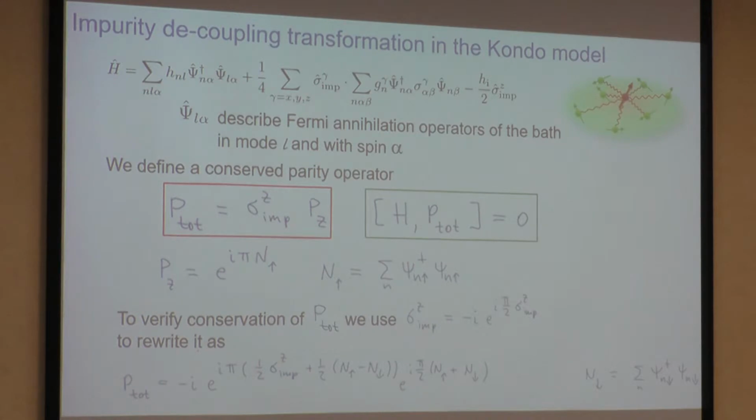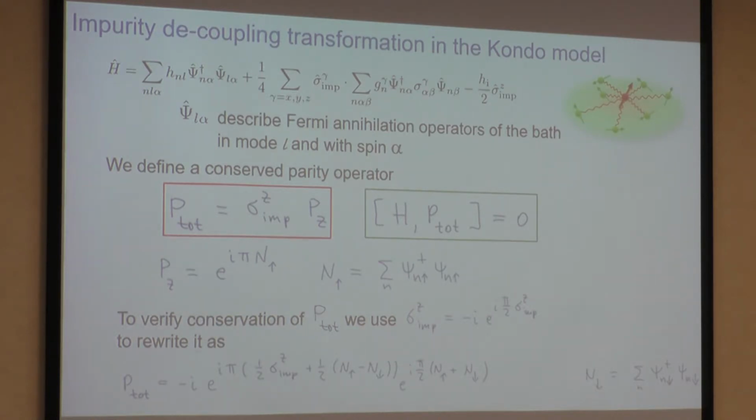If I act on a state that has an odd number of spin-up fermions, I get -1. So this operator is actually conserved, it commutes with the Hamiltonian. And you can also see if I square this operator, I get 1. Therefore, it's an operator which can have values of +1 or -1, when squared is equal to 1, and it commutes with the Hamiltonian.